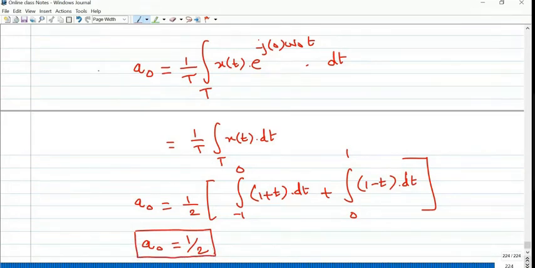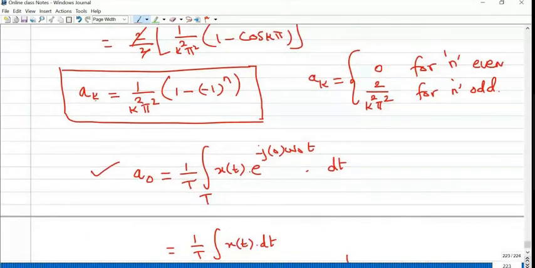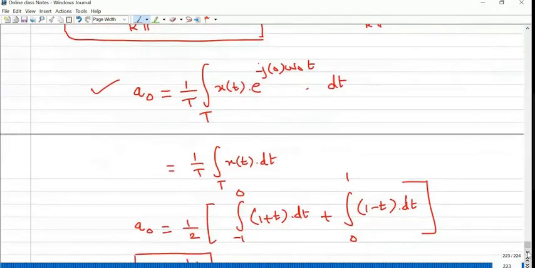Even if you are not drawing the magnitude spectrum and phase spectrum, it is better to always find the k equal to 0 value in exponential Fourier series. So for this given signal, we calculated the general formula for ak as well as a naught at k equal to 0.